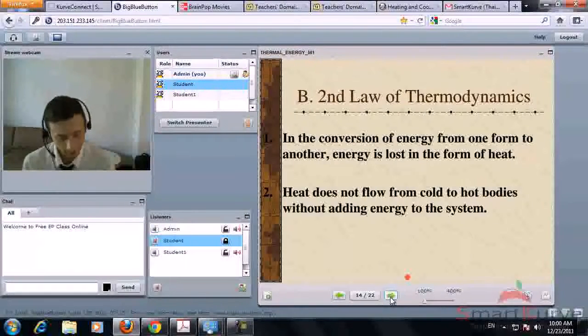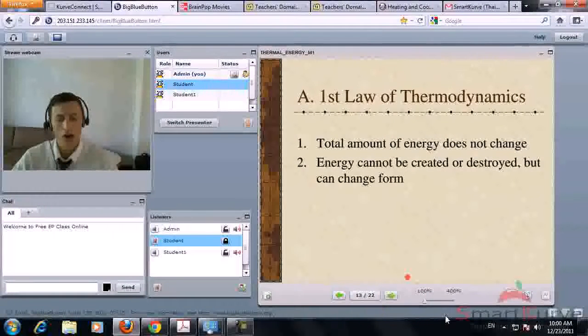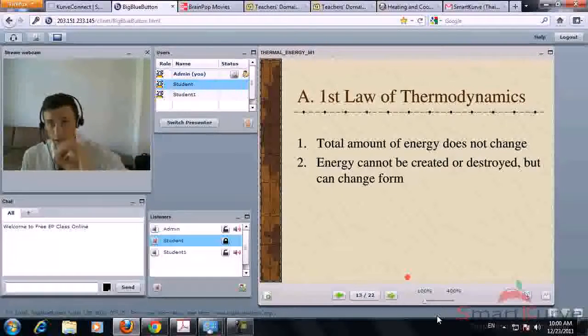All right. Maybe I can give you a few more examples of the first law before we move on. Say a windmill. It catches the wind and turns a generator to make electricity. Well, that windmill converts mechanical energy into electrical energy.